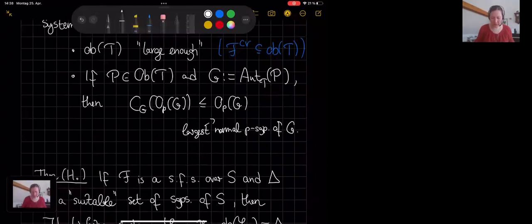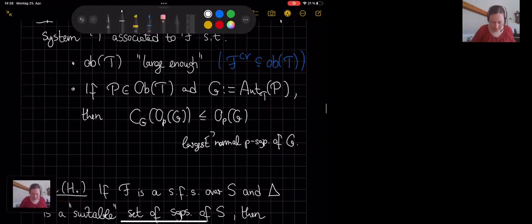So one calls groups G with this property groups of characteristic P.